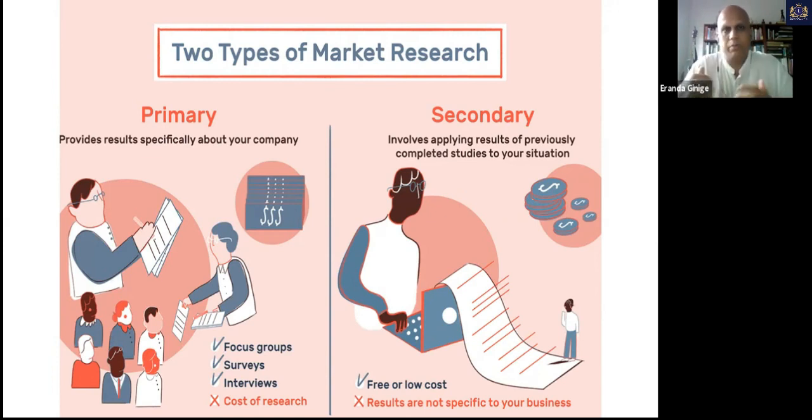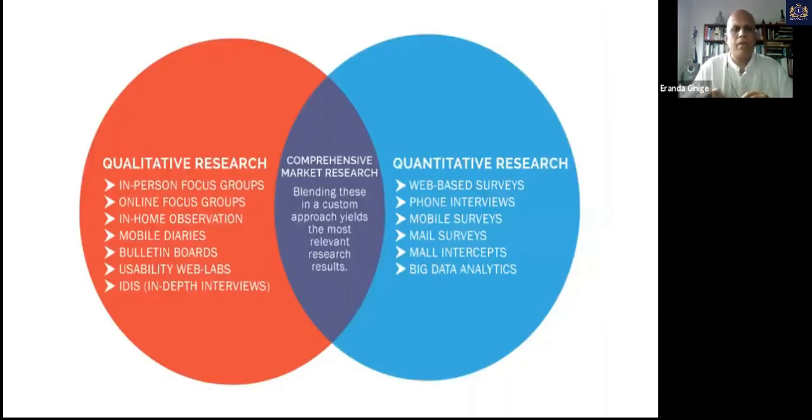A possible mitigation of that risk is to combine both primary and secondary research techniques and try to verify the secondary research findings that you're using, right? And both these types of research can be either qualitative or quantitative.